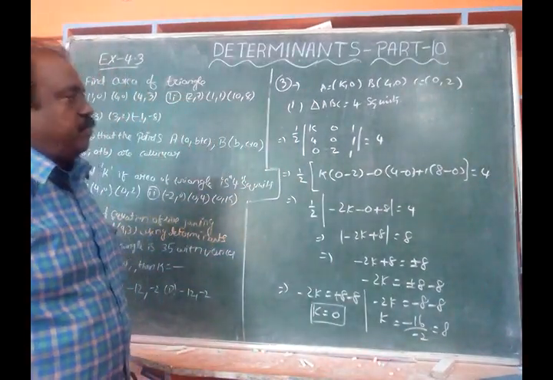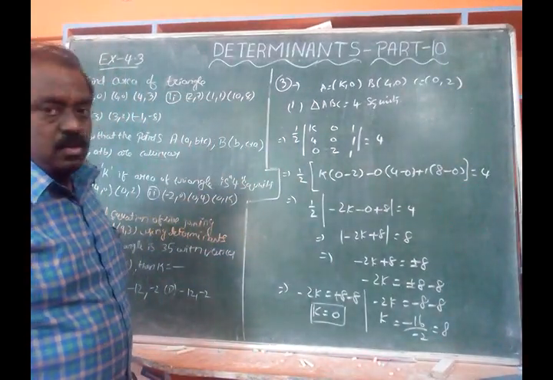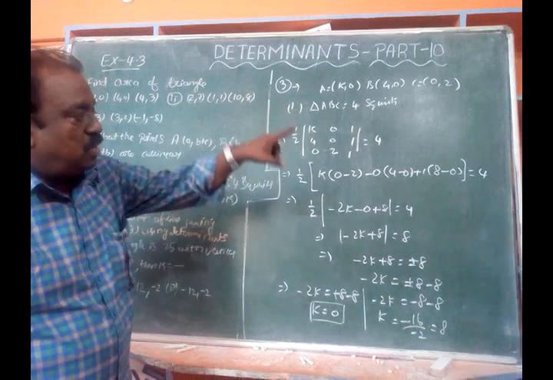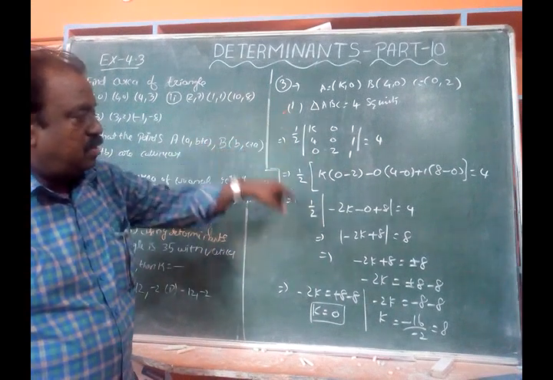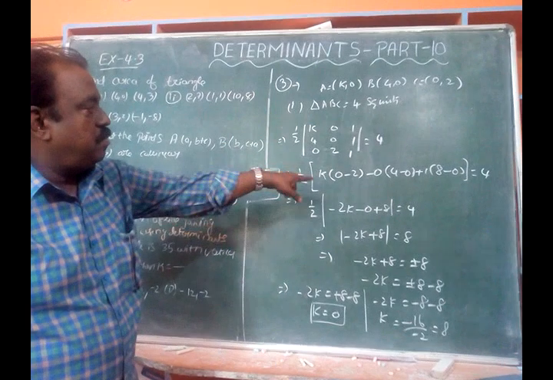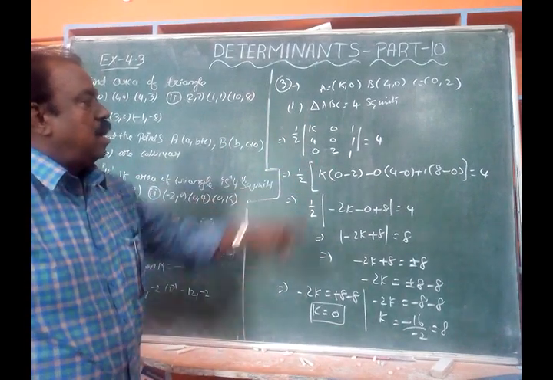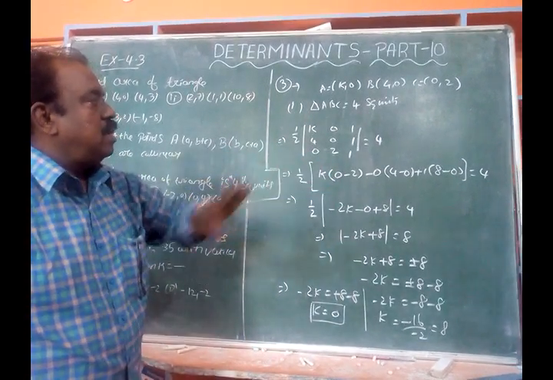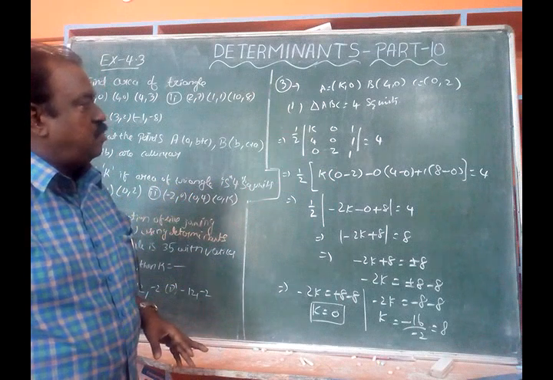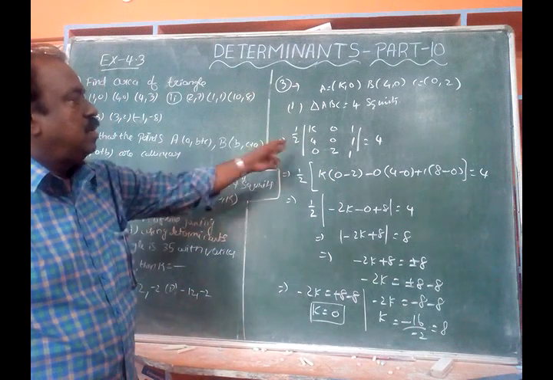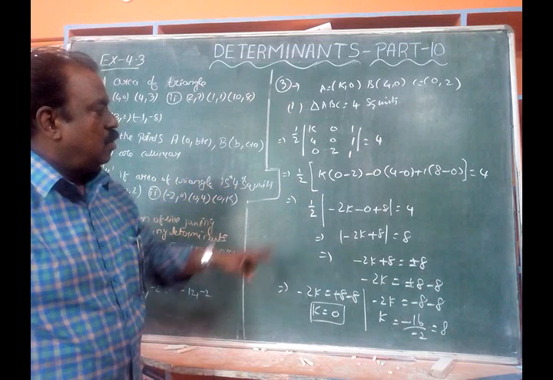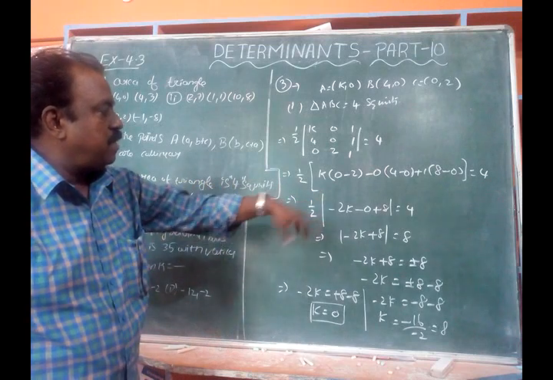Let's see that. Is it okay? That 2 goes to that side, 2 into 4 is 8. This is minus 2k, and 0 and anything is 0. There only 8 is there. The 1 of 8 minus 0 is there. So it is minus 2k plus 8.